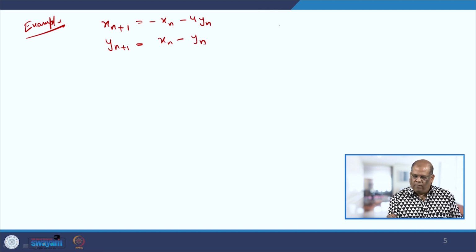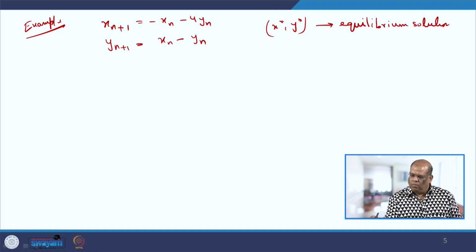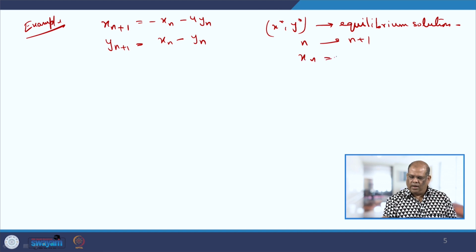So, if you have x star, y star as your equilibrium solution, by equilibrium solution I mean that there will not be change from n to n plus 1, and hence I can replace xn and xn plus 1 by the equilibrium solution x star and similarly with the variable y.